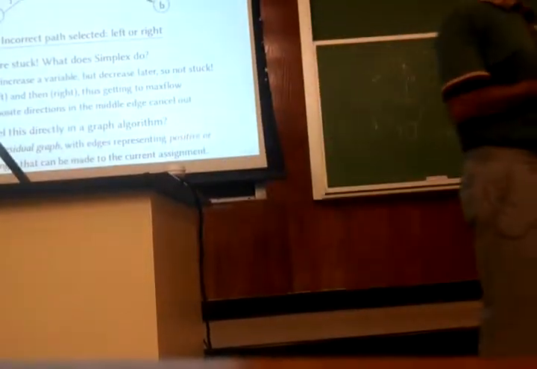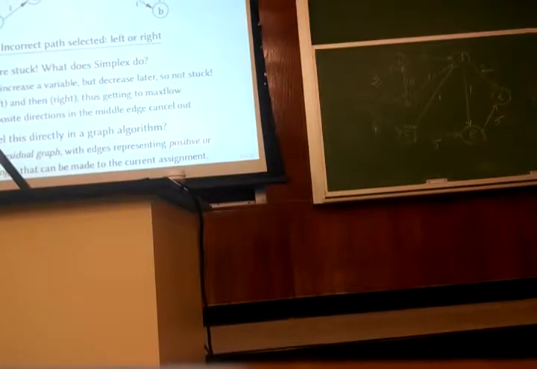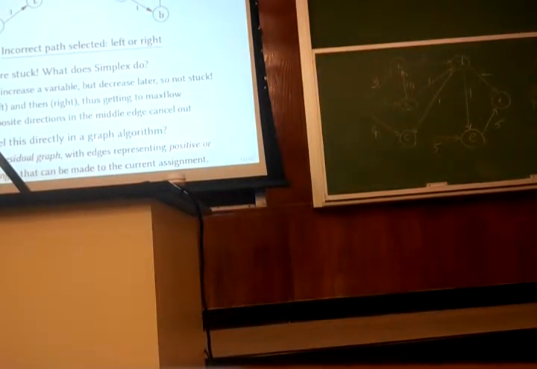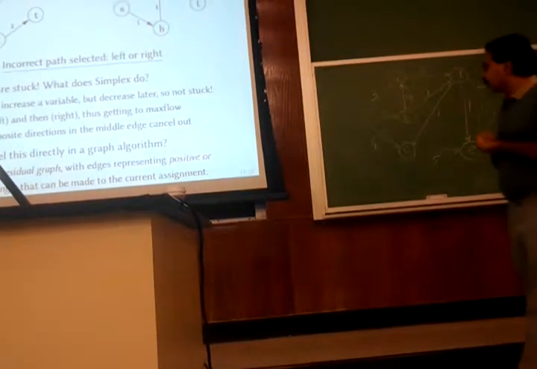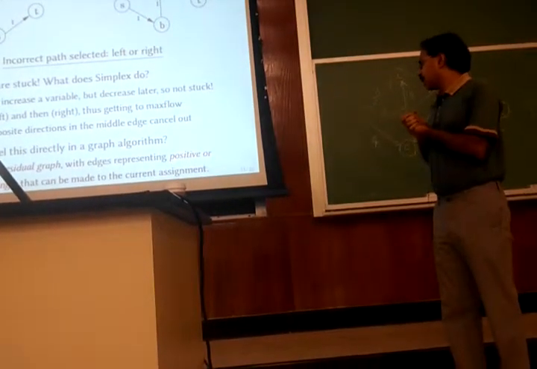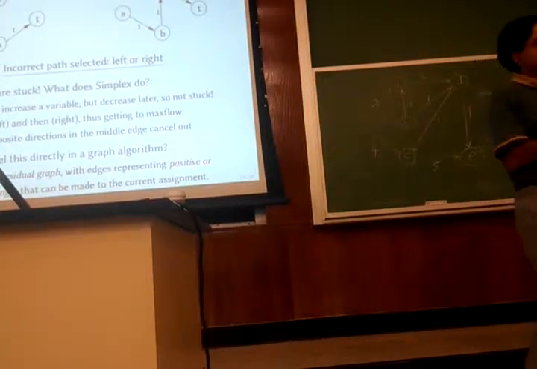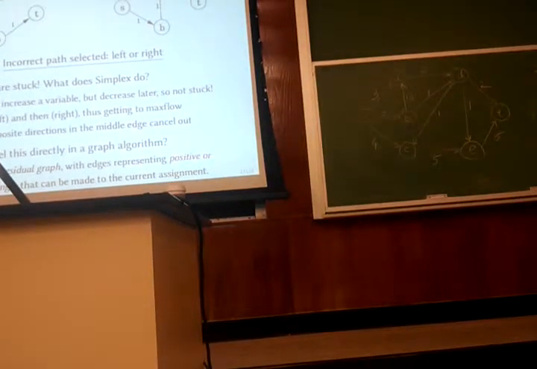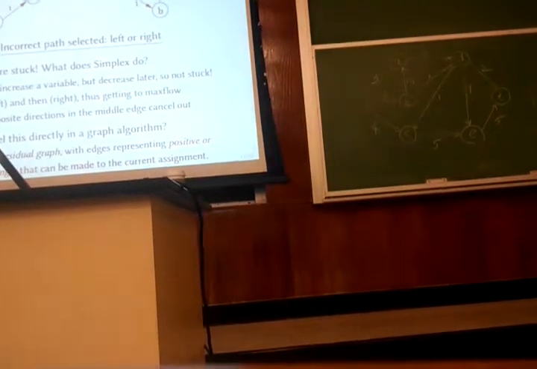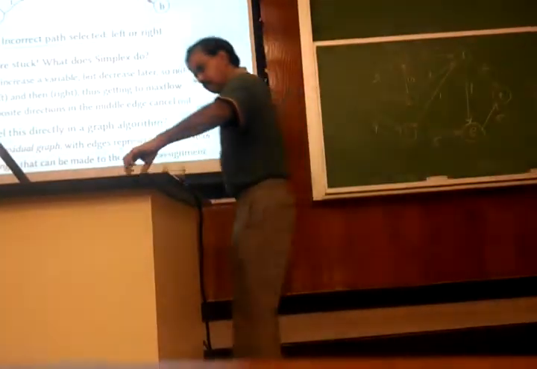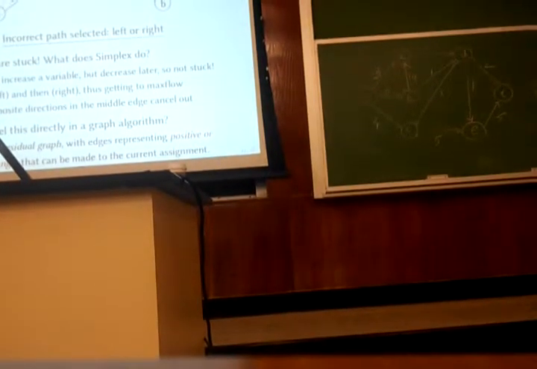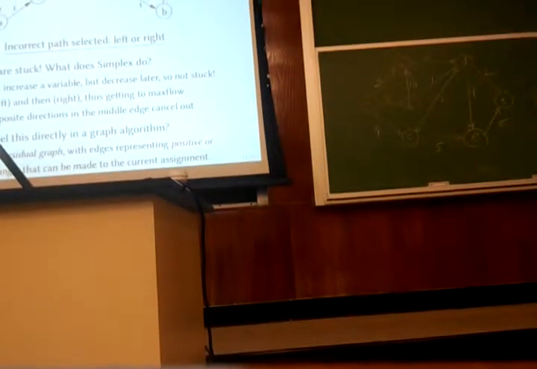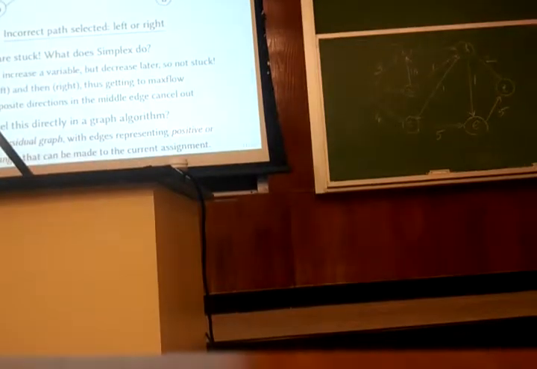So the basic idea is that we are going to construct what is called a residual graph. The residual graph is going to have edges representing changes that can be made to the original assignment. So let's take the first path.